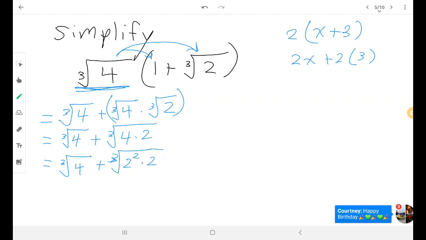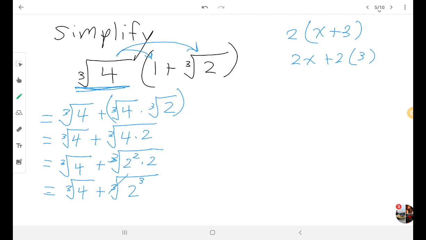And so I've got 2 squared times 2 there. The reason I'm not worrying about it here is because I've still got 2 squared there, but there's nothing else I can do with it, so there's no good reason for me to do anything with it at the moment. Plus, and then if I multiply 2 squared times 2, I get 2 to the third.